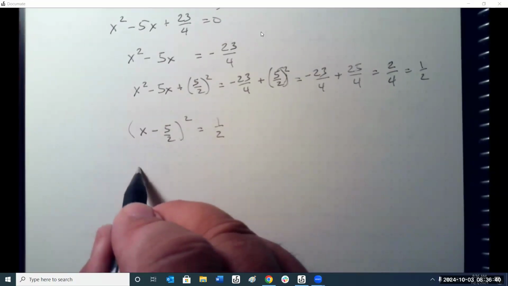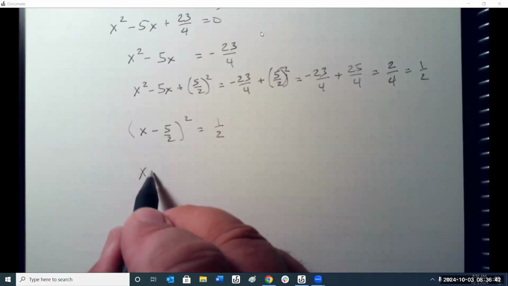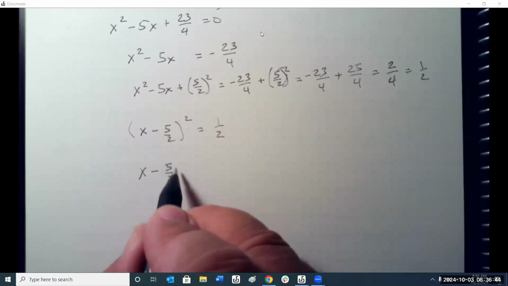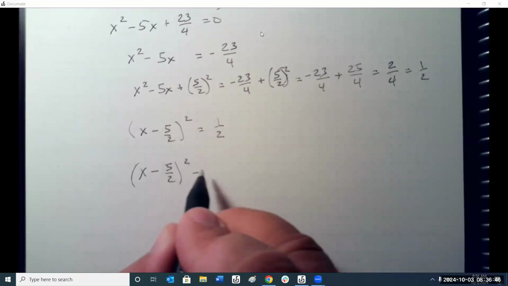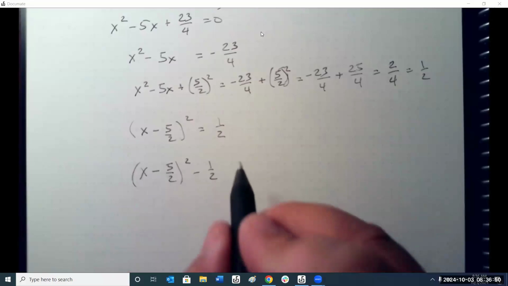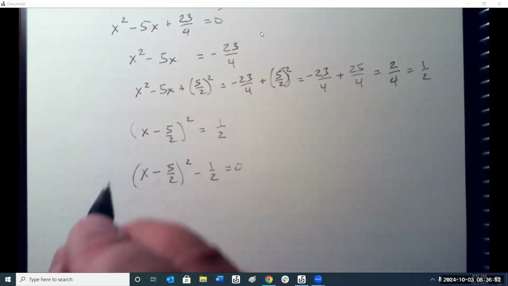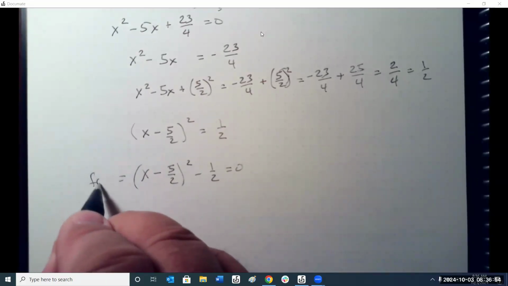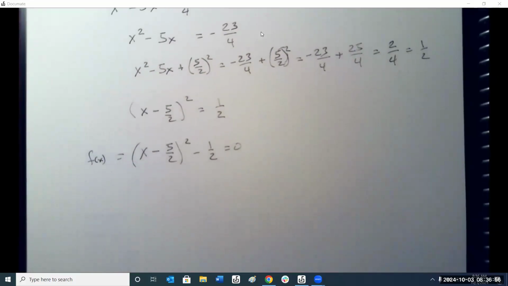Move everything over to one side. So this is our function in vertex form.